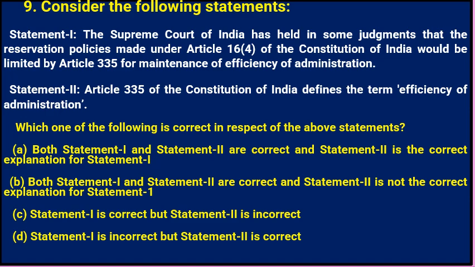Article 335 of the Indian Constitution defines the term of efficiency of administration. No, this is incorrect statement. Article 335 does not define the term efficiency of the administration. First statement is correct, second statement is incorrect, so that answer is C. Statement 1 is correct but 2 is incorrect.